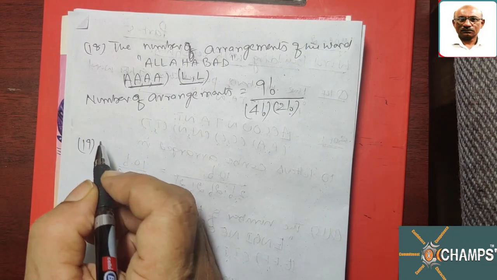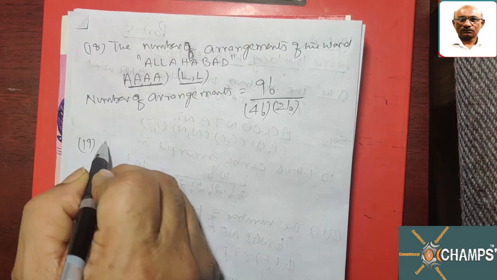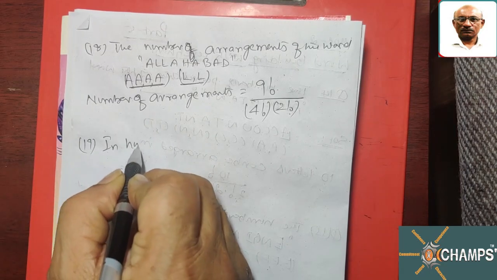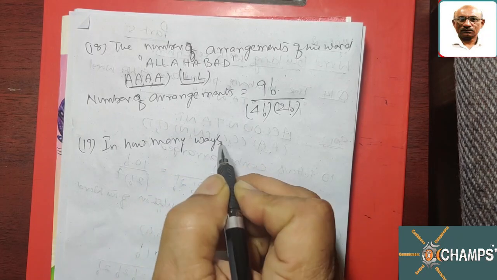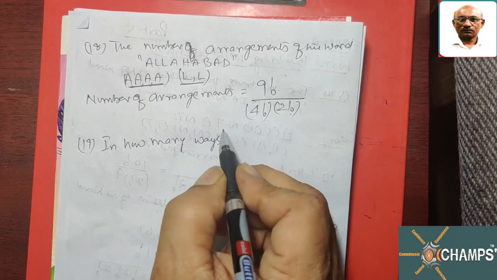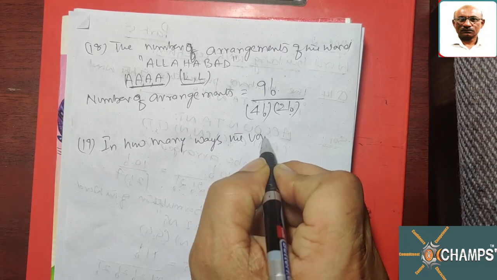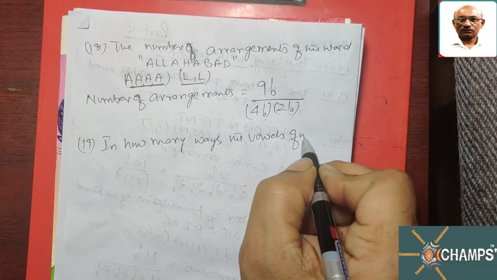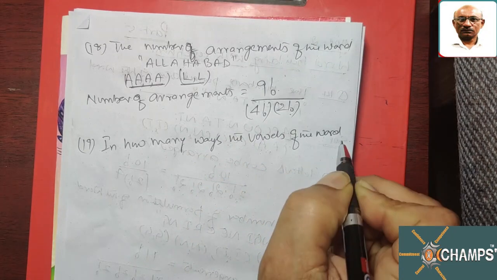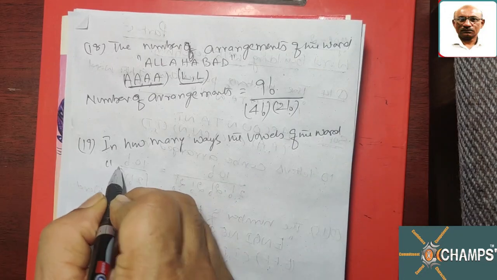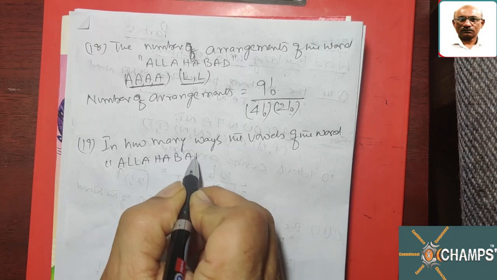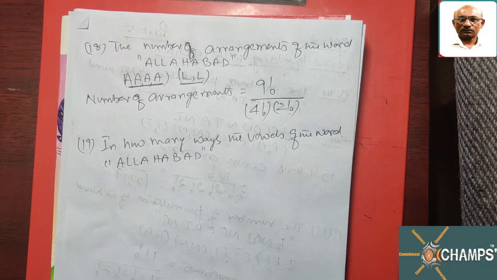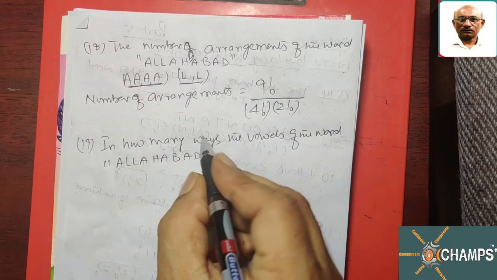19th question. In how many ways the vowels of the word Allahabad will occupy the even places?